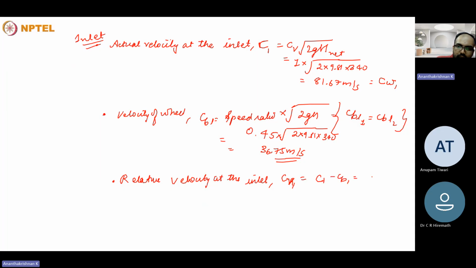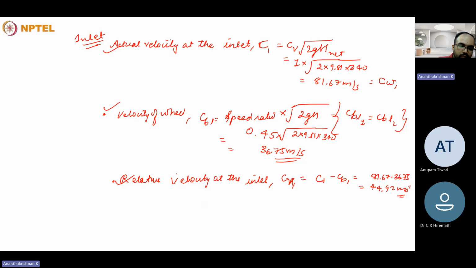So 81.67 minus 36.75. The answer will be 44.92 meter per second. So that's done. It's a straightforward thing. That's the inlet part.